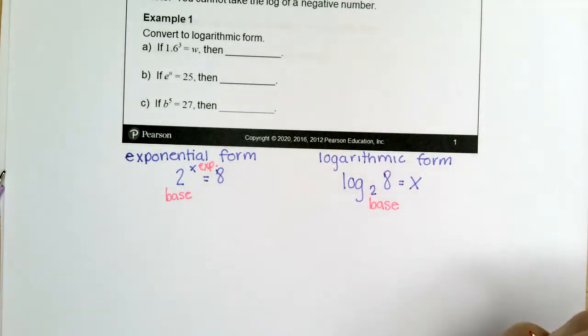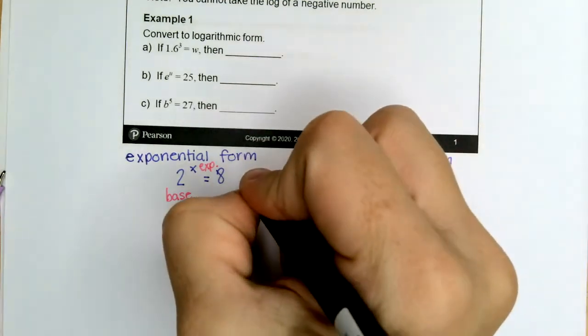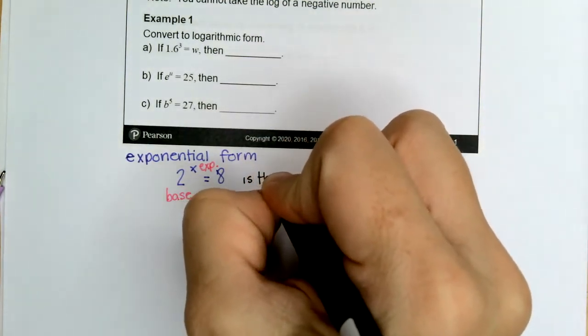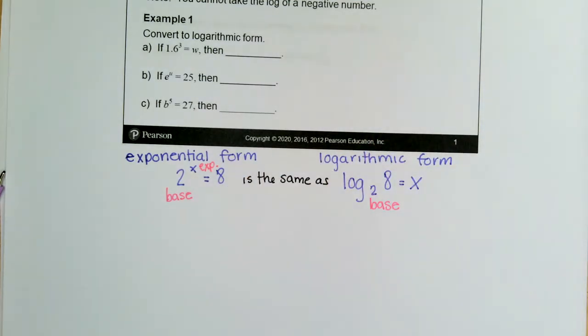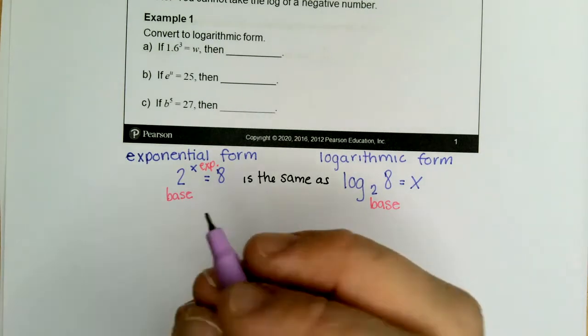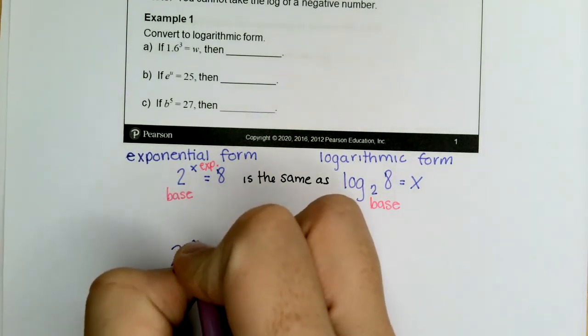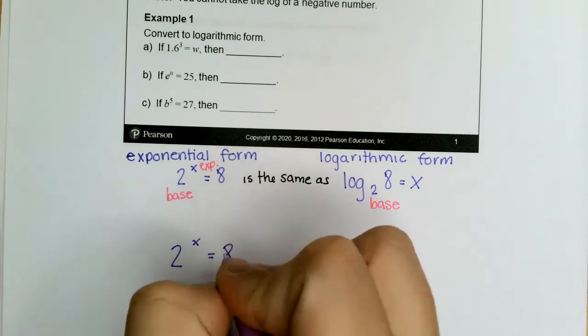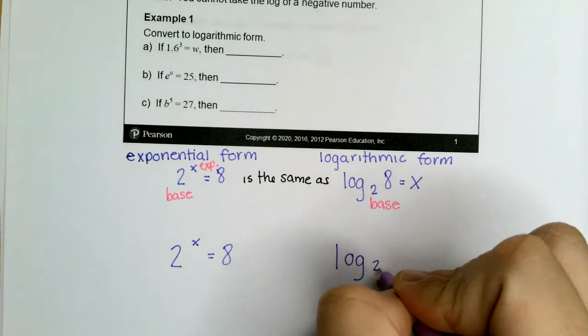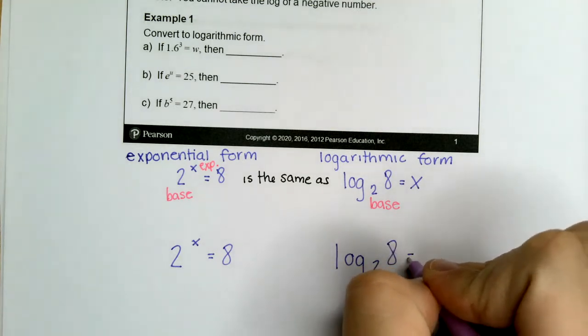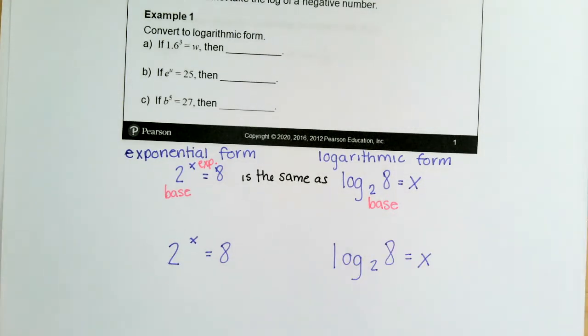These are the same. One more time. 2 to the power of x equals 8 becomes log 2 of 8 equals x.